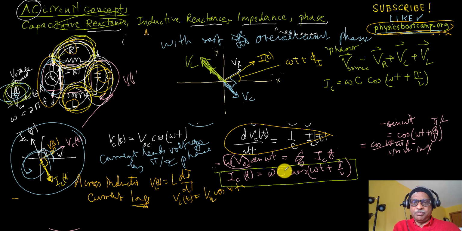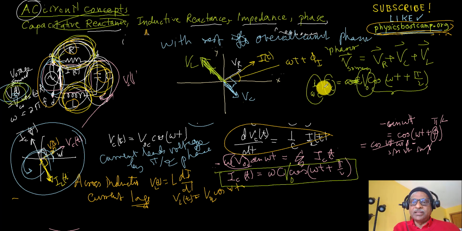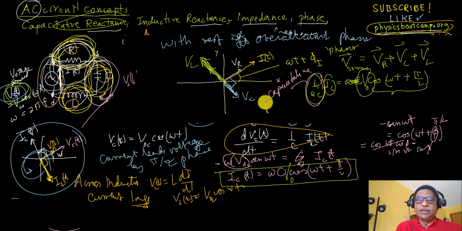So if we take omega C on this side, we get 1 over omega C. Other than this time part, ignoring it, this is like a voltage and this is like a current, so this is like a resistance. It has the unit of resistance, and this is what is called capacitive reactance.